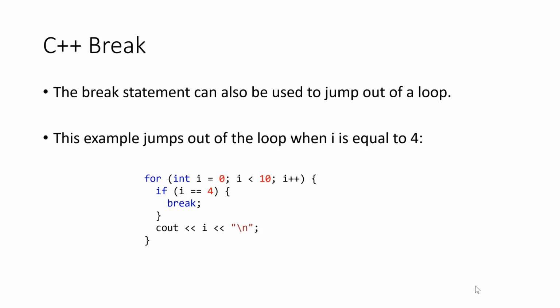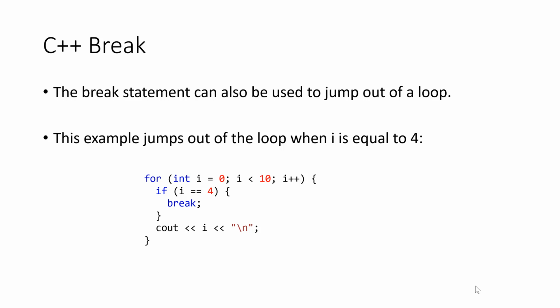Then the value of I is incremented, it becomes 1. Then again the testing is performed, I is still less than 10, and then once again we move into the body of the for loop and we test the condition if I is equal to 4, which once again is not true. So we move ahead, we display the value of I, we move to the next line, and then we increment the value of I. This process will continue until we get the value of I equal to 4.